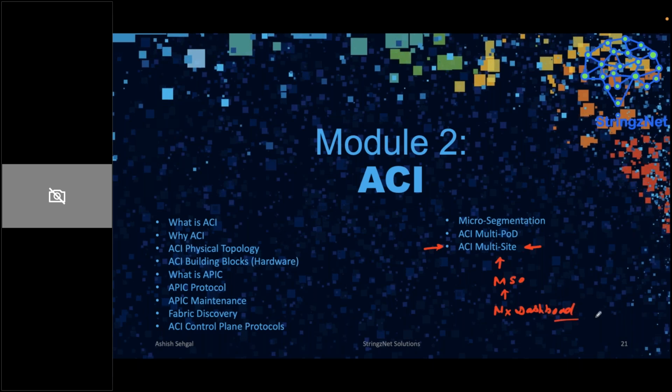That is what we learn. Before multi-site, there is multi-pod. Everywhere nowadays, multi-pod configurations are going on. So what is multi-pod? How do we do the configurations? Pretty important. Besides, we have a lot of things, as I'm showing you. If you know about ACI, I really need not tell you what different things we need to do in ACI.